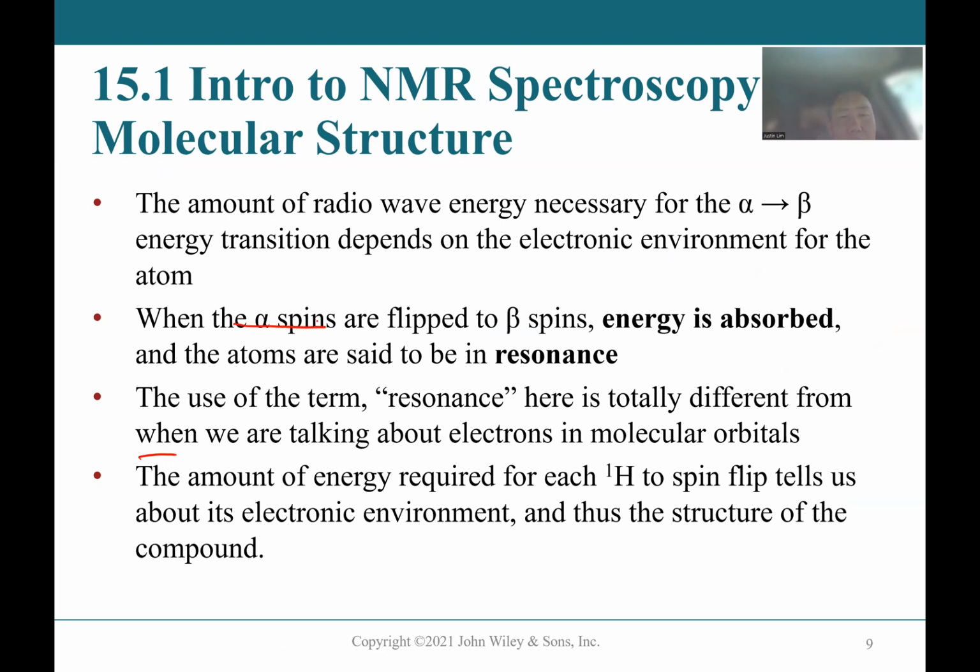When alpha spins are flipped to beta spins, energy is absorbed and the atoms are said to be in resonance. The amount of energy required for each proton to spin flip tells us about its electronic environment and the structure of the compound.